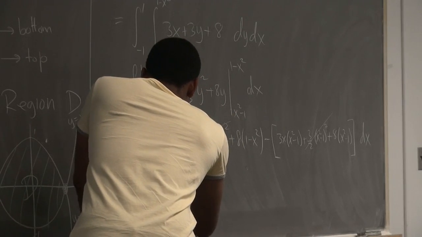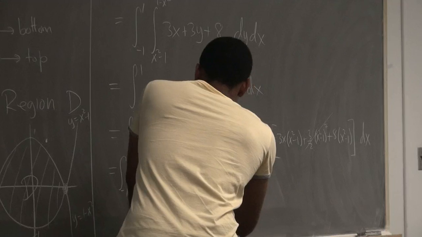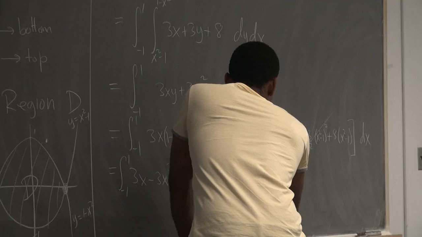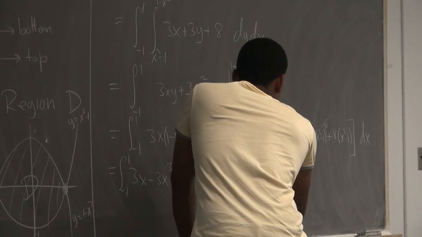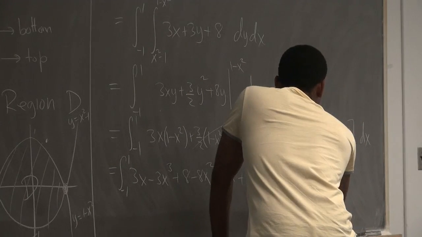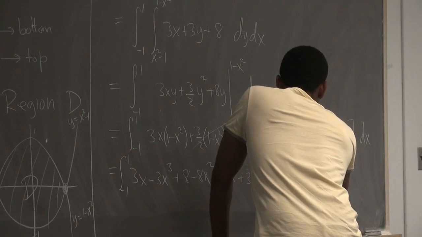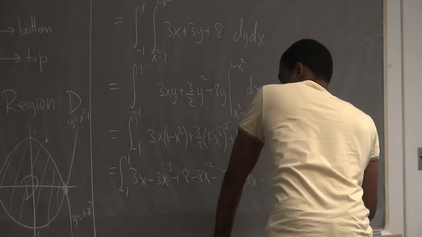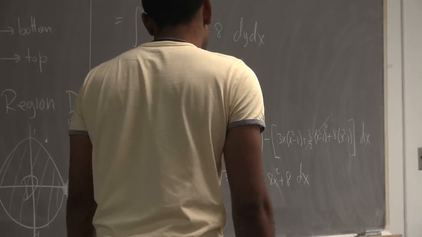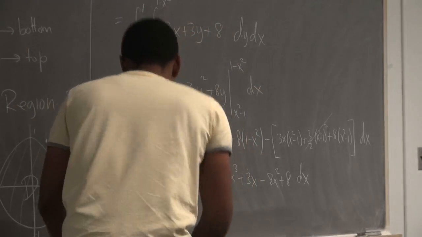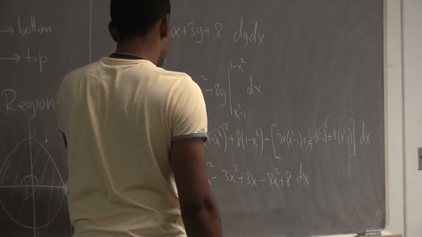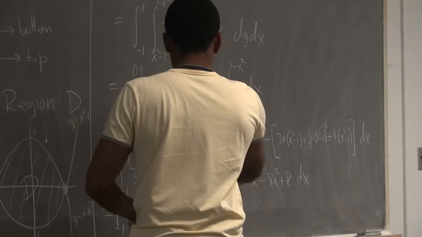So this is 3x minus 3x cubed plus 8 minus 8x squared minus 3x cubed plus 3x minus 8x squared plus 8. Did anyone die or did they just double up? So we have minus 3x cubed minus 3x cubed.